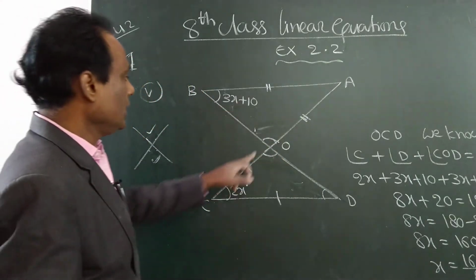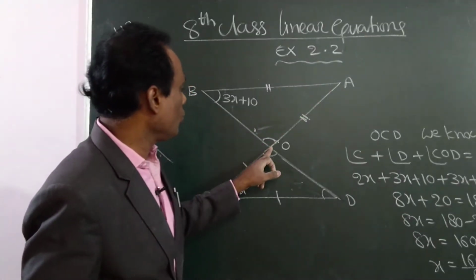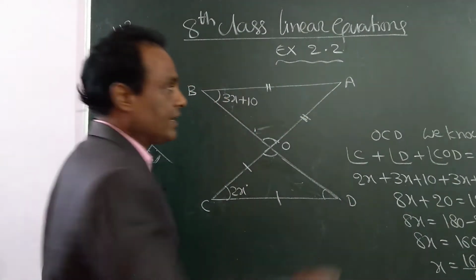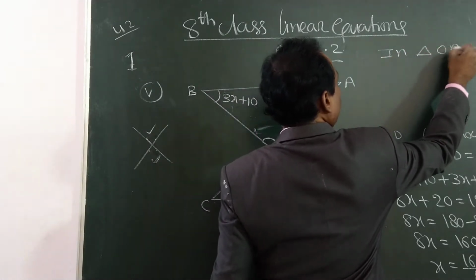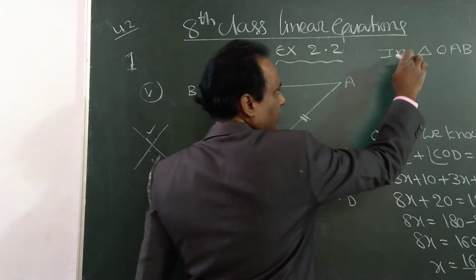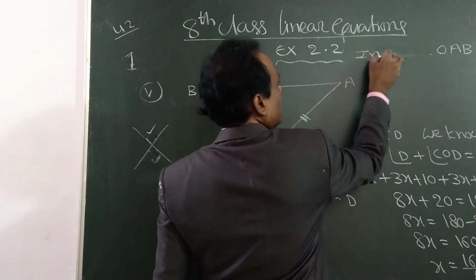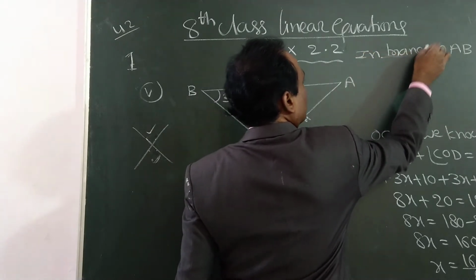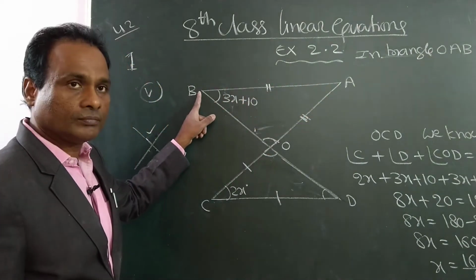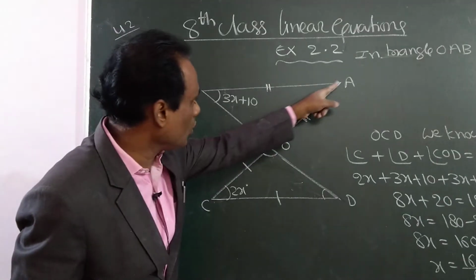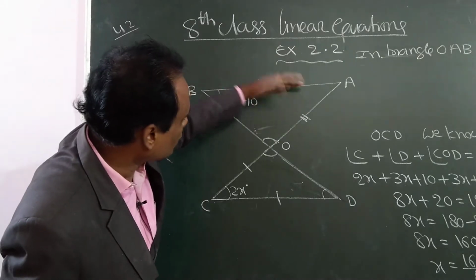Right now, in triangle OAB, this is the triangle. In triangle OAB, these two sides are equal.